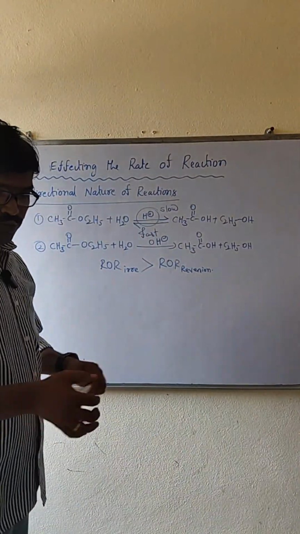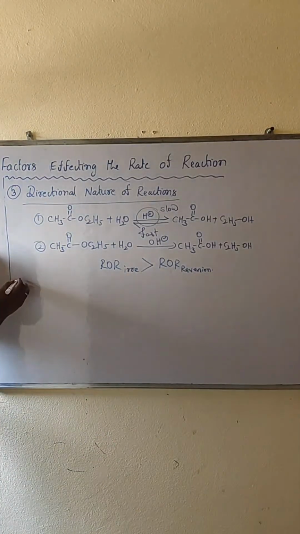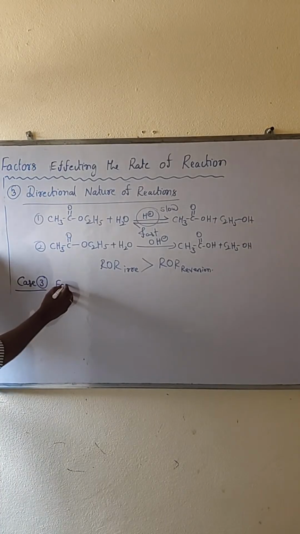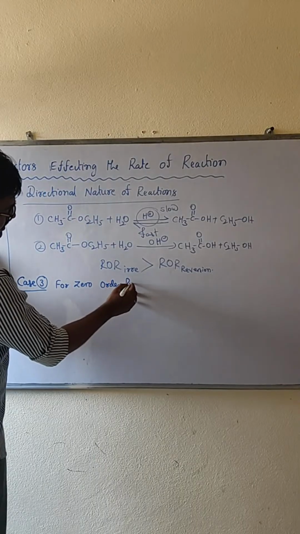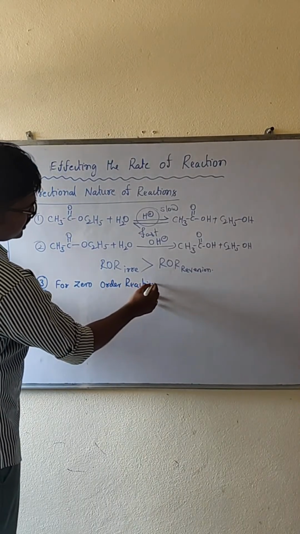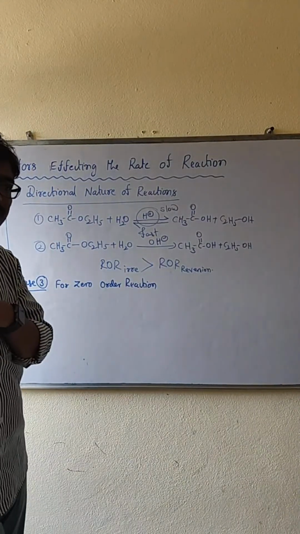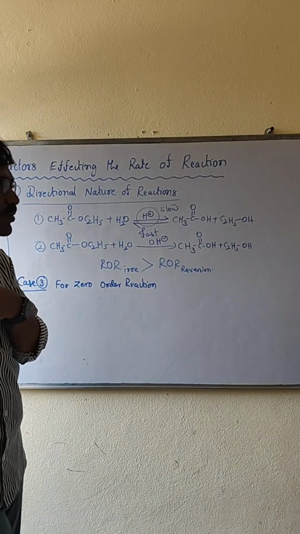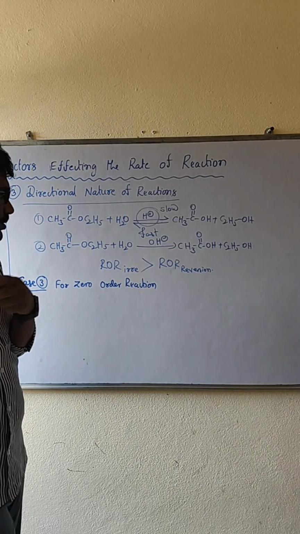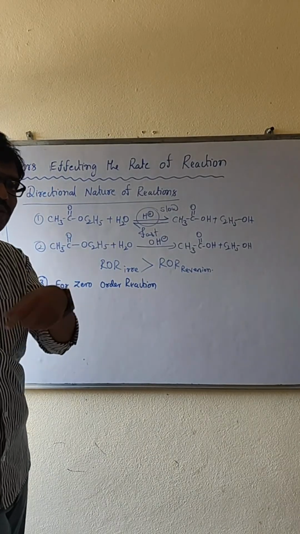Then the third case, case number 3, is for zero order reactions. For zero order reactions, the rate of reaction is constant as time progresses. At the end of the reaction, it will drop to zero.